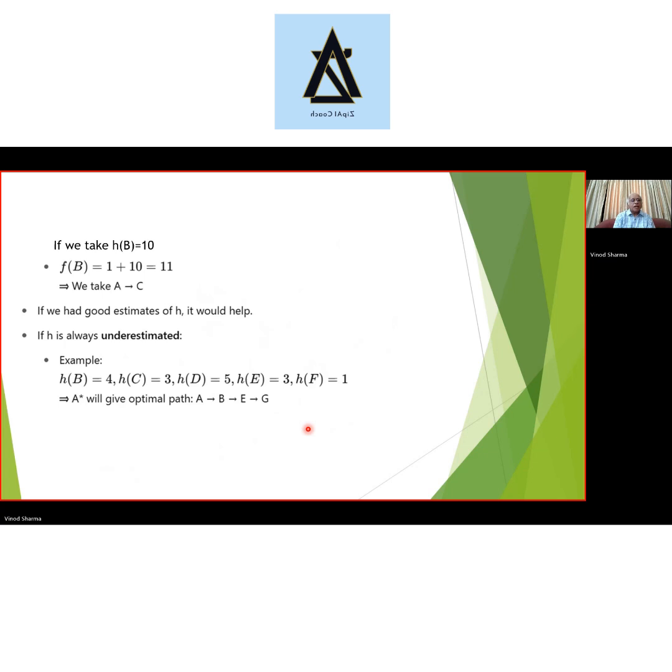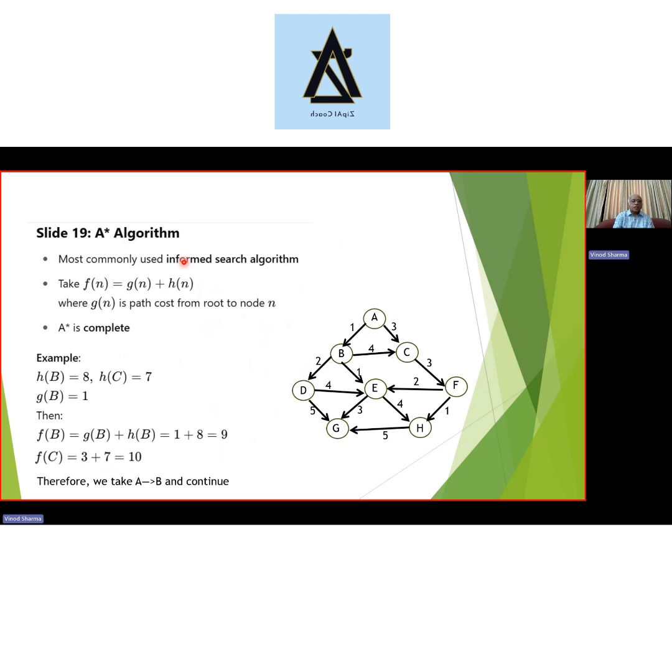Suppose the estimate from B to the goal node is h(B) equal to 10, while h(C) is the same as before, 7.